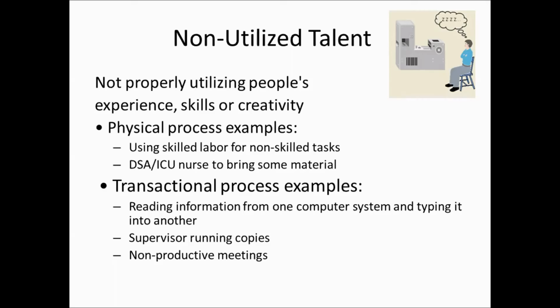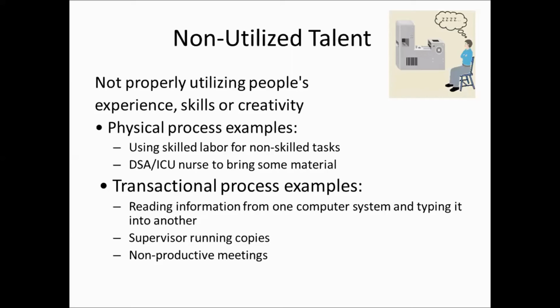Or a supervisor running copies that should be done by a regular person, or non-productive meetings. Whenever we have a long meeting, because we didn't think in a lean way, we didn't assign people at the end to do the work, and we didn't regulate the meeting timing, have an agenda, and have a system to run the team meeting, it would be non-productive, without result.